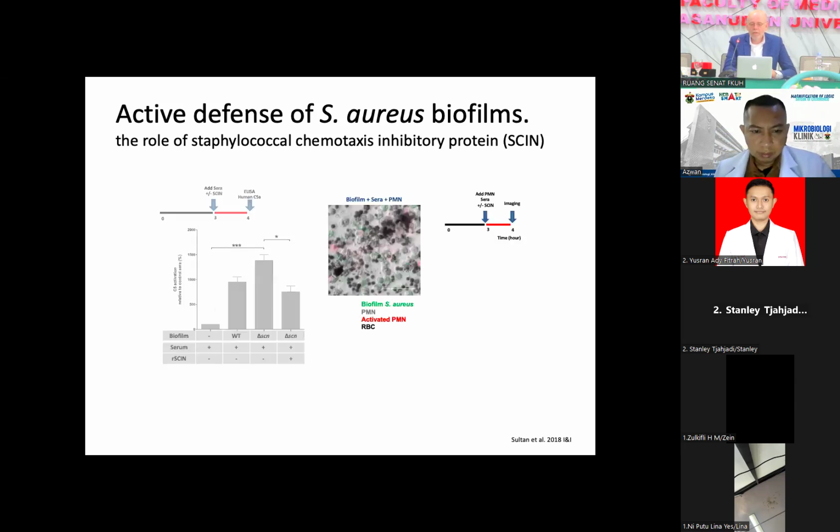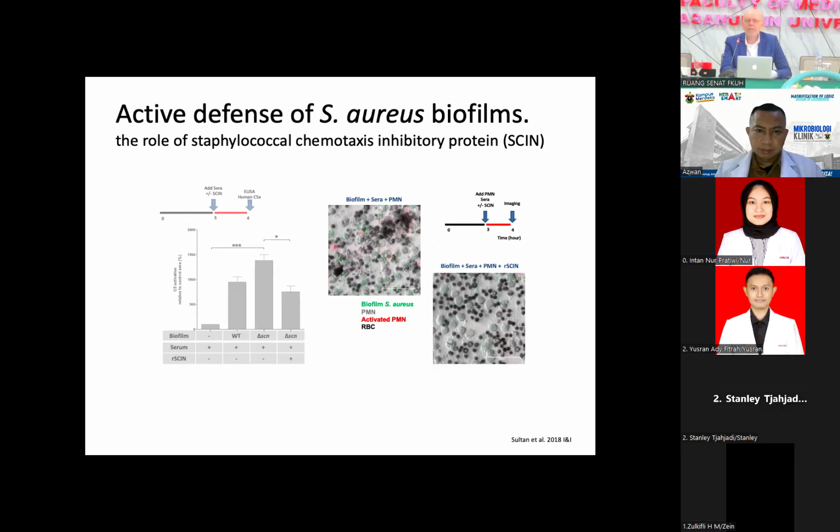Then we wondered, what is the consequence? So a biofilm was generated over here, and then serum or SCIN was added. And in this case, SCIN was not added. And here you can see that the neutrophils become activated and it becomes messy.